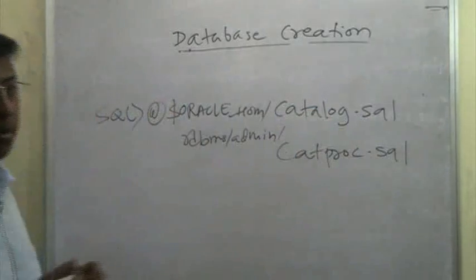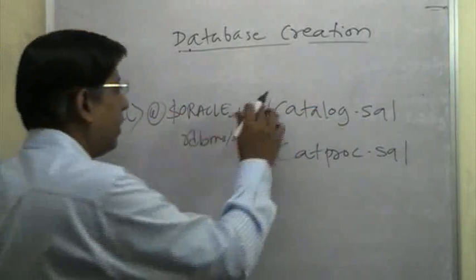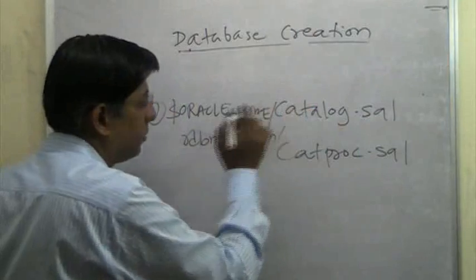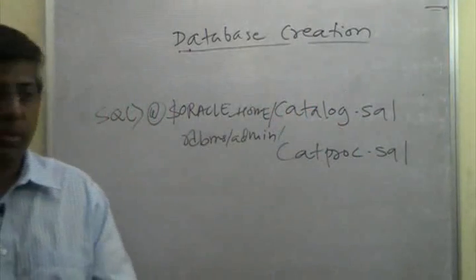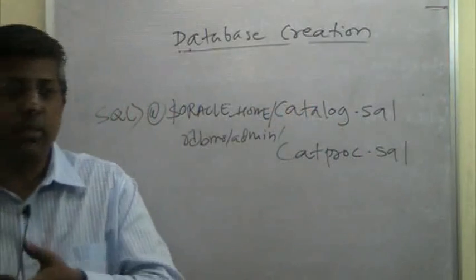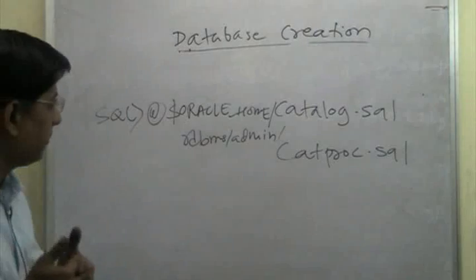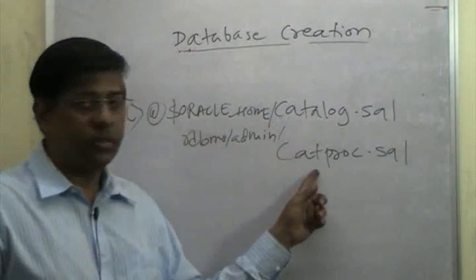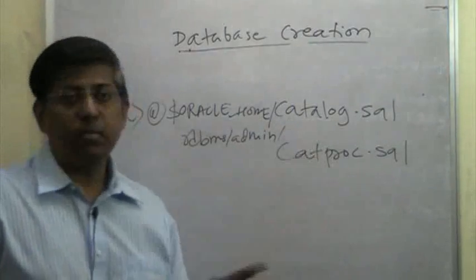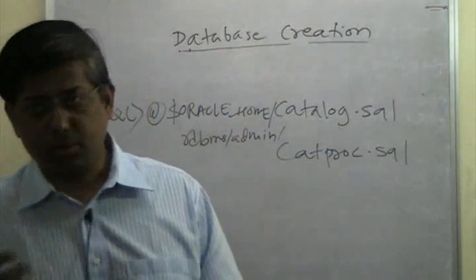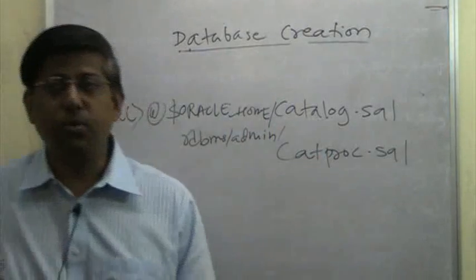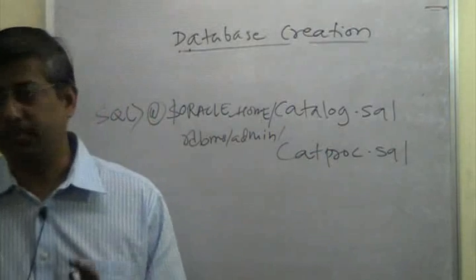Same thing for catproc.sql. Oracle home is the directory where the Oracle software is installed. That will be /u01/app/oracle/product, and so on. So you run this file and you run this file after that, and at that time the data dictionary will get created, the stored procedures will get created, and now you have a raw database for you.